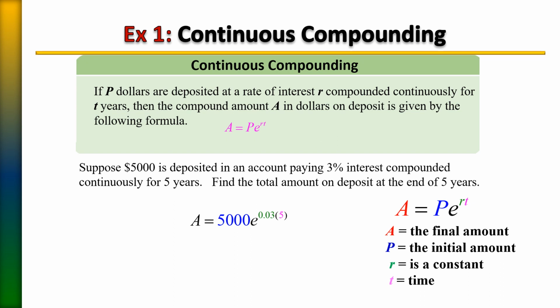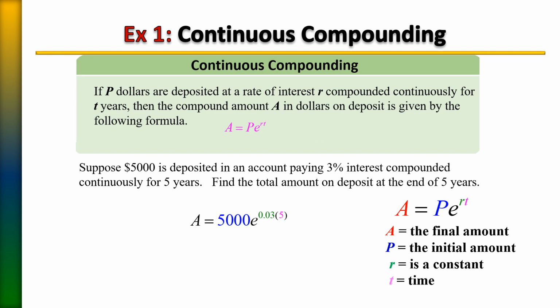Next, let's do this multiplication. If you have a scientific calculator, you can do all of it at once. Just type in 5,000 and then press the base e key, the natural e.